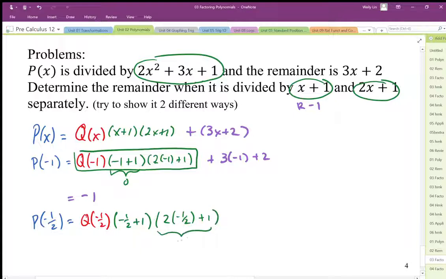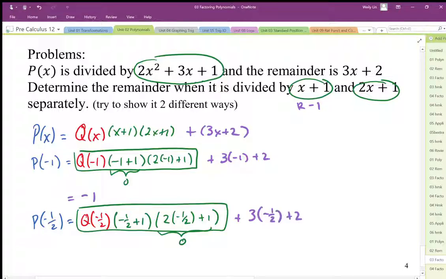So again, I've generated a 0. All of this is equal to 0. So then the remaining piece, 3 times negative 1/2 plus 2, that must be my remainder. So I end up with negative 3 over 2 plus 2, which is positive 1 over 2. So that becomes my remainder.